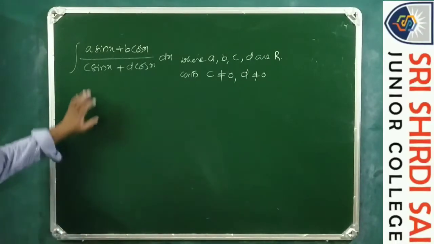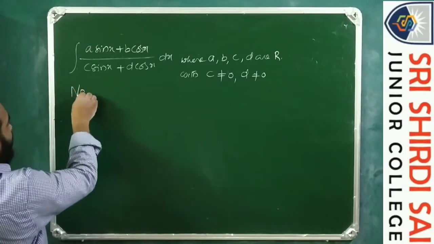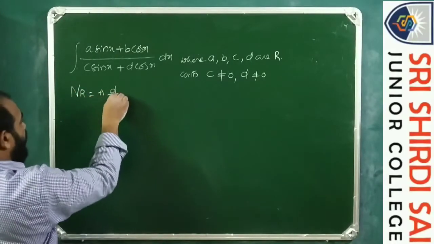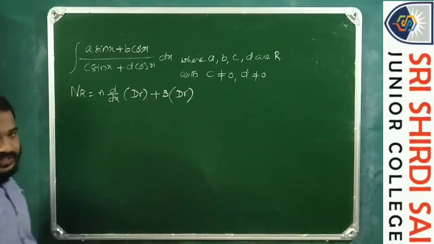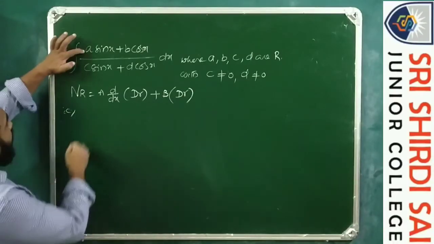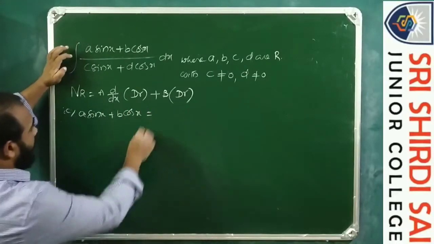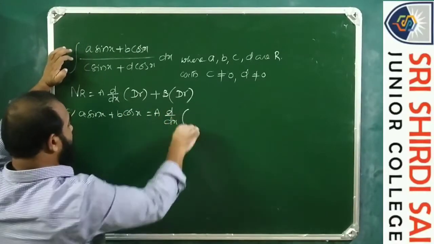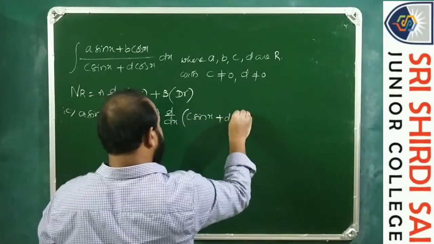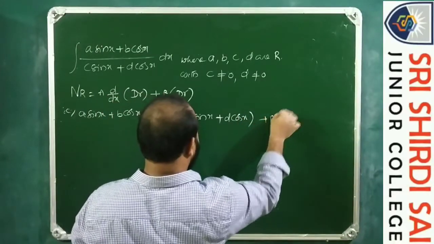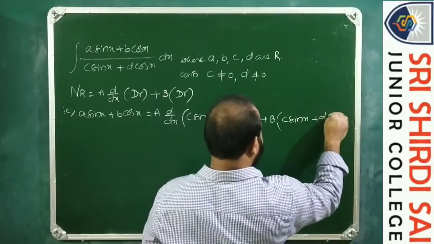So the working rule to solve this is simply: numerator is equal to a into d by dx of denominator plus b into denominator, that is, a sin x plus b cos x is equal to a into d by dx of c sin x plus d cos x plus b into, simply without derivative, c sin x plus d cos x.